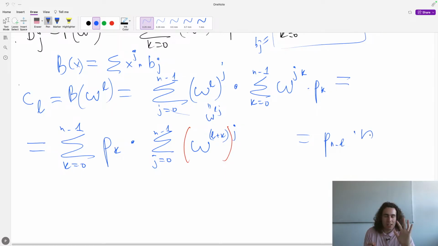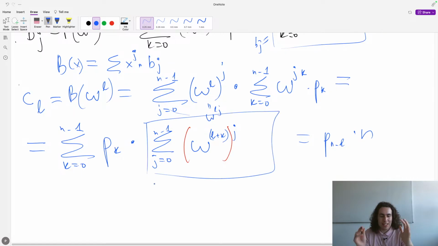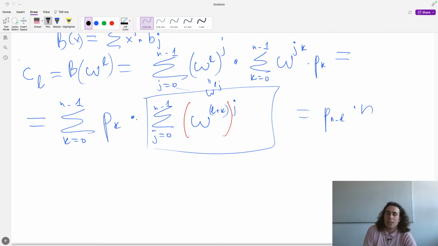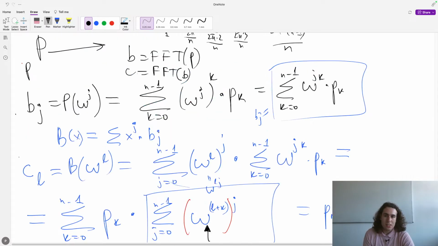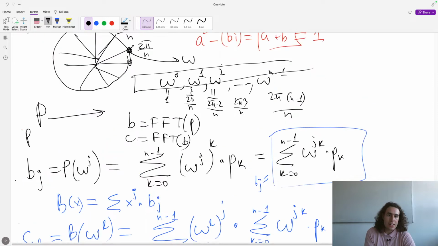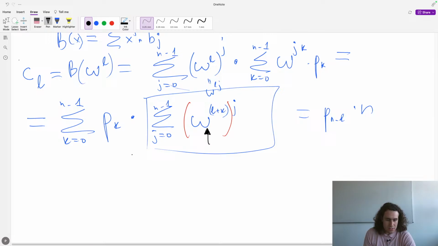So I want to say that most of these things just cancel out. Most of these things are just equal to 0. Why is this the case? Well, what are these numbers? We know that omega to any power is one of our roots, right? And our roots were defined as the roots of this polynomial: x to the n is equal to 1.